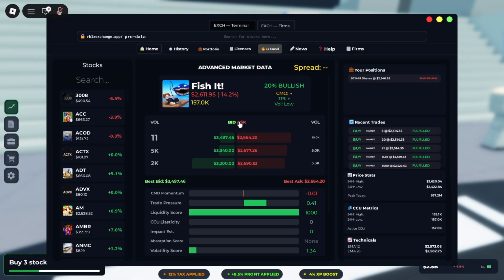Now, how exactly do you use the impact estimate? It's closely related to the liquidity score. When the liquidity score is high, the impact estimate tends to be low, and vice versa. Normally, you should check the impact estimate before making large trades to estimate how much extra you will pay beyond the listed price.